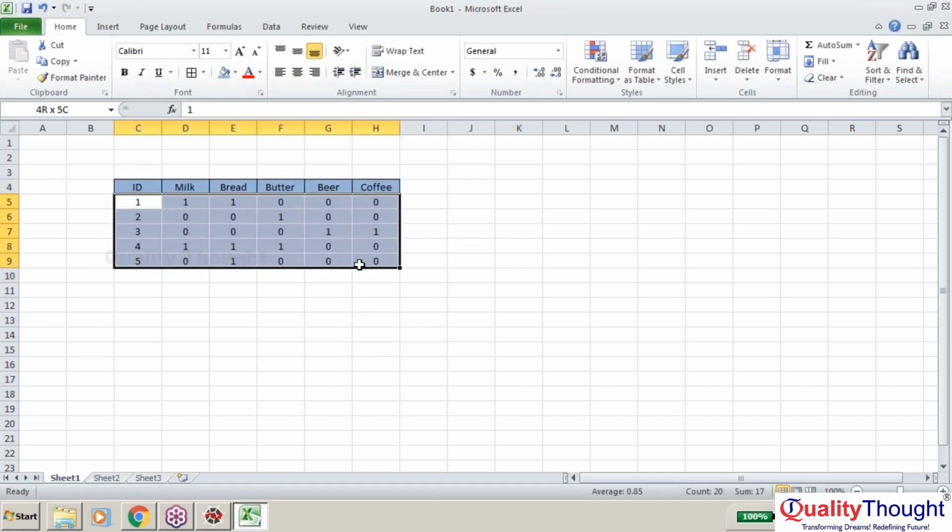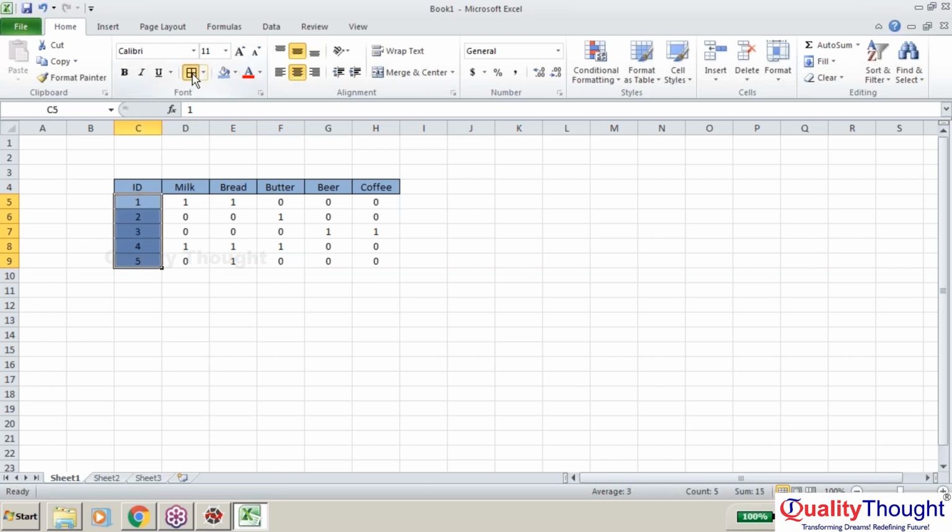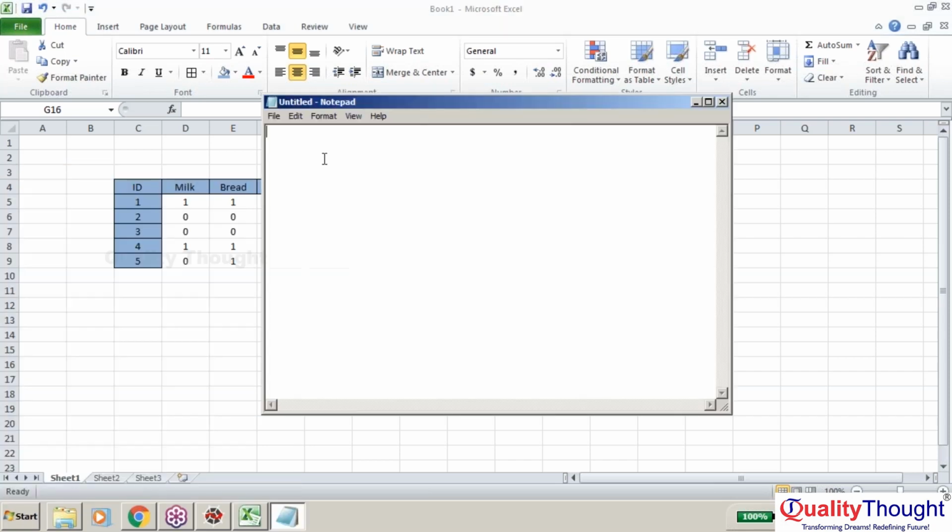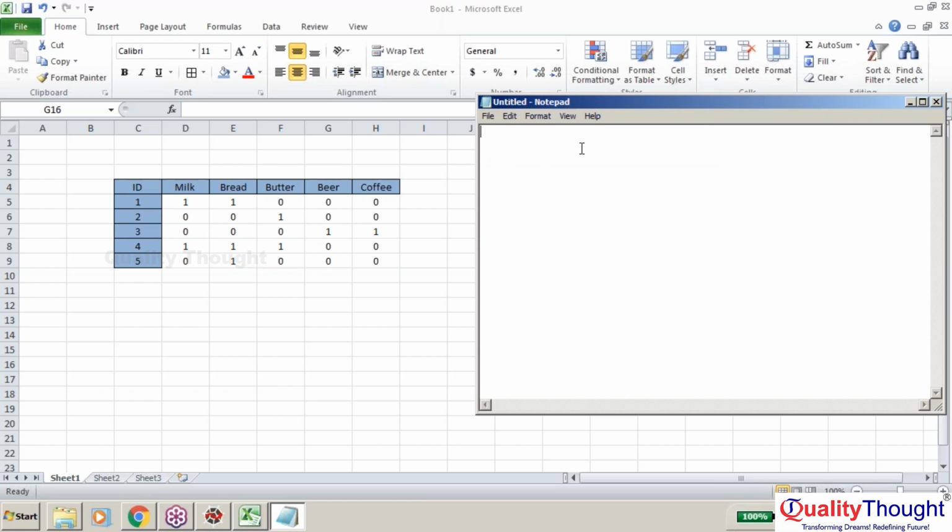Now, for this data that we are trying to analyze, we can understand very clearly that there are different items here.